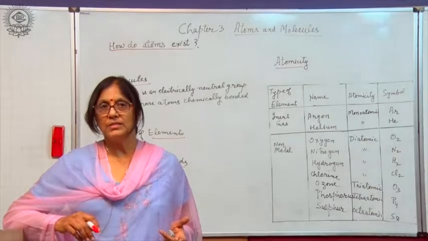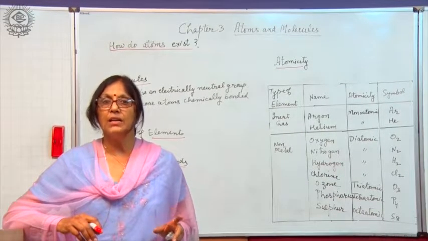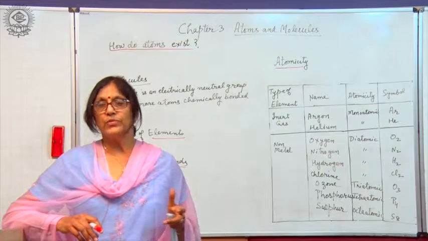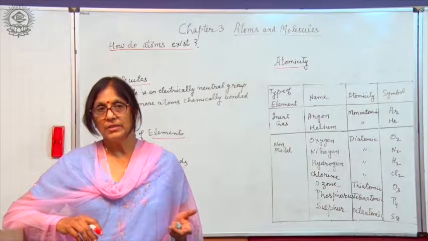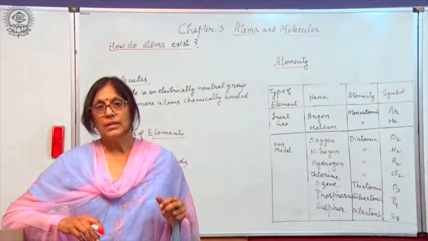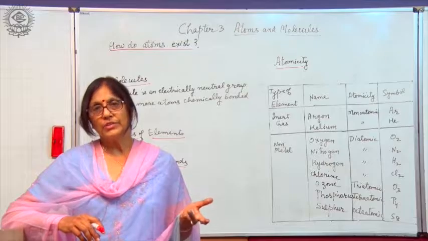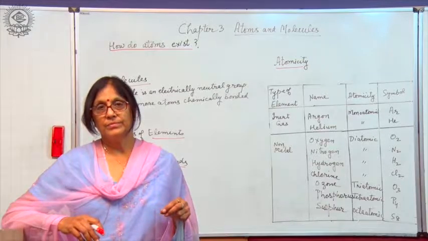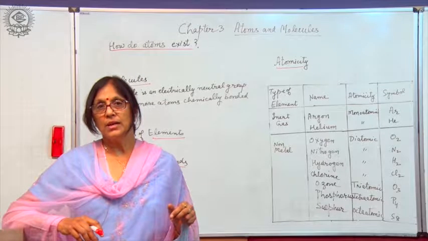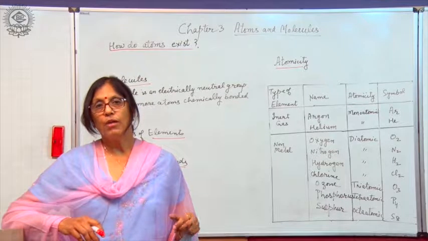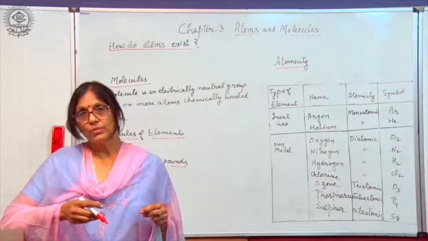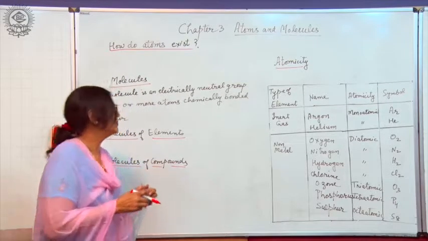Now, as you know, inert gases are chemically unreactive, and they are unreactive because the atoms of these inert gases have a stable electron arrangement. The atoms of most of the elements are very reactive, and they occur either in the form of molecules or in the form of ions. Now, let us first know what a molecule is.